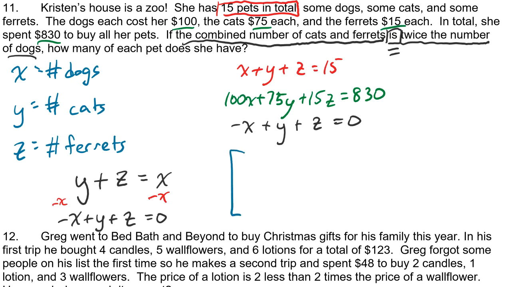So we're going to put this into our matrix now. 1, 1, 1, 15, 100, 75, 15, 830, and then negative 1, 1, 1, 0. Put that in your calculator.